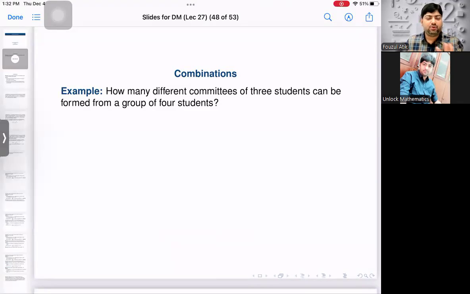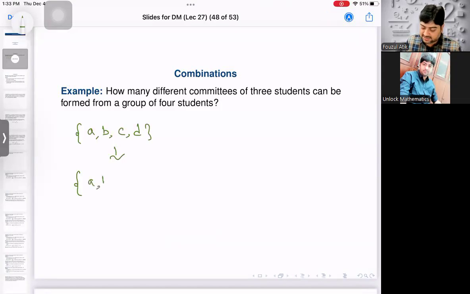So how to find this answer? Now you can do it manually because it's a small problem. The 3 students you have to collect from 4 students, you can do it manually. But in general, how can we think of it? Suppose you have a set A, B, C, D. Then you have to collect all 3-element subsets of this set.